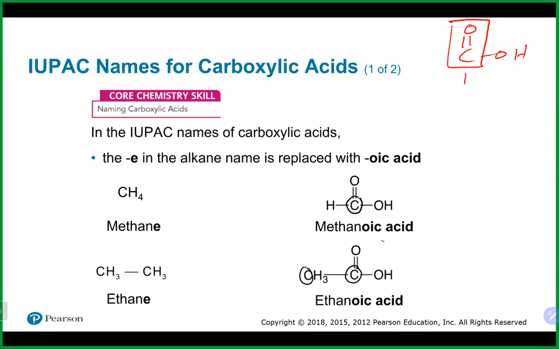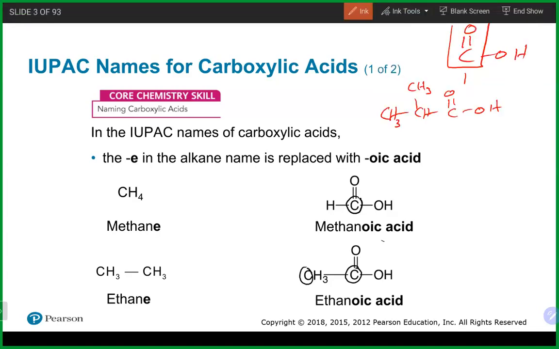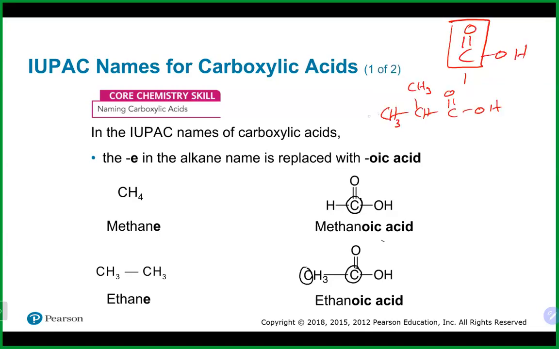And then obviously, if you have other groups attached, we follow our normal protocol of numbers in alphabetical order. So if we had something like this, and maybe this, and maybe that, we would still look for the longest continuous carbon chain that has the carboxylic acid group, and that is 1, 2, and 3.